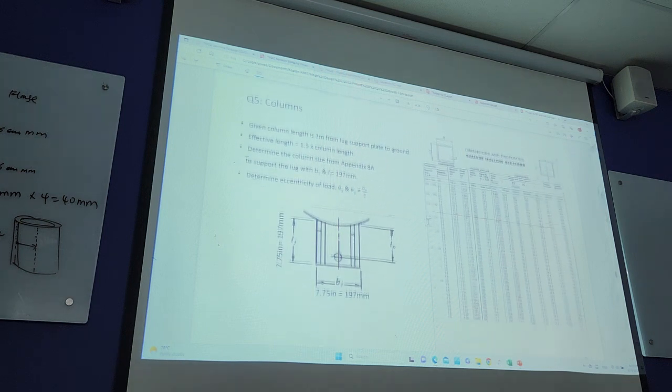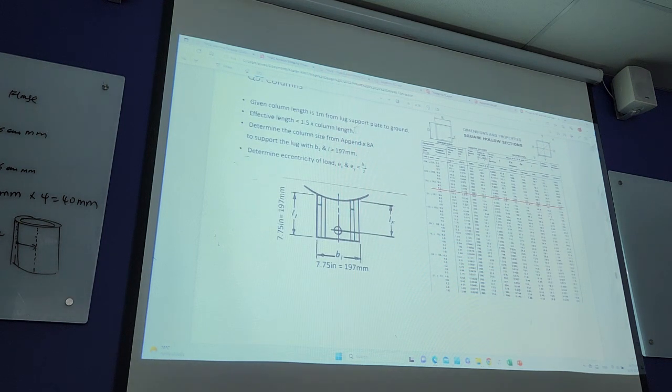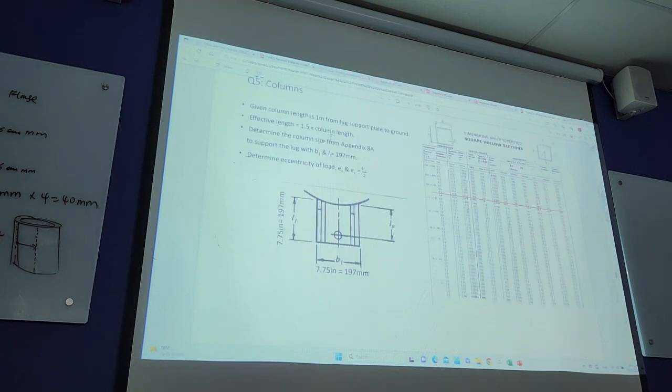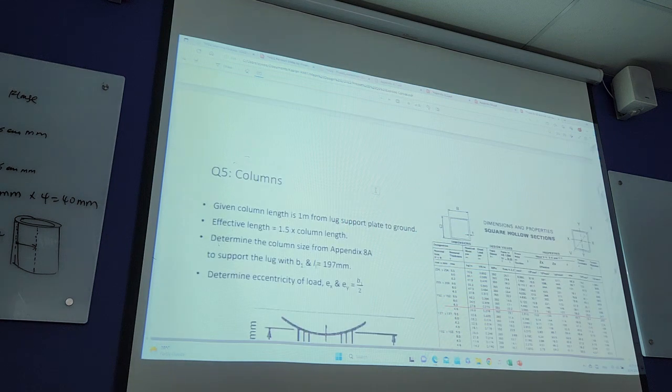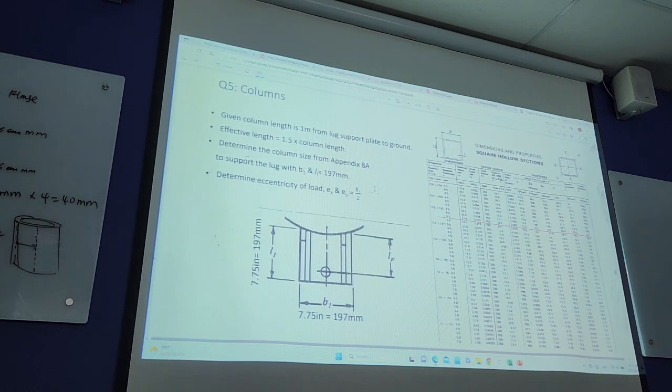Okay, now we come to the exercise. Given, let us read this together. Given column length is 1 meter from the lug support plate to ground. Effective length is 1.5 times this.